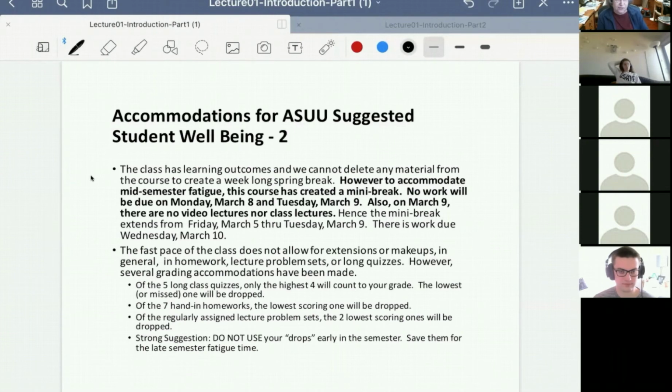Of the 5 long quizzes or exams, only 4 count towards your grade. The lowest one or the missed one will be dropped. Of the 7 hand-in homeworks, the lowest one will be dropped. Of the regularly assigned lecture problem sets, the lowest 2 scoring ones will be dropped. Do not use your drops early in the semester unless it's really urgent. Save them for late semester fatigue or if you get sick or if there's a family emergency.